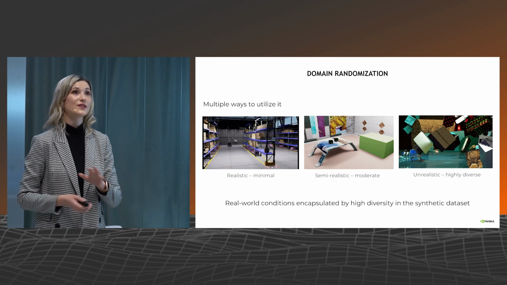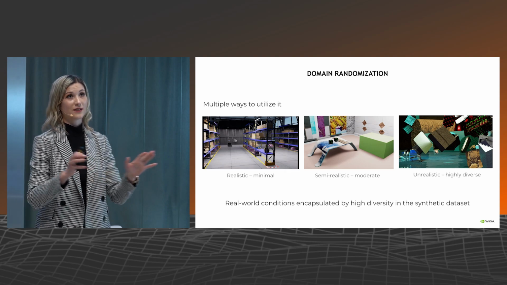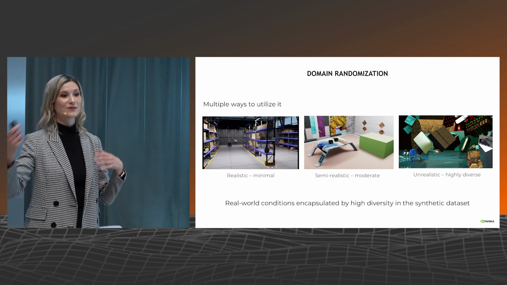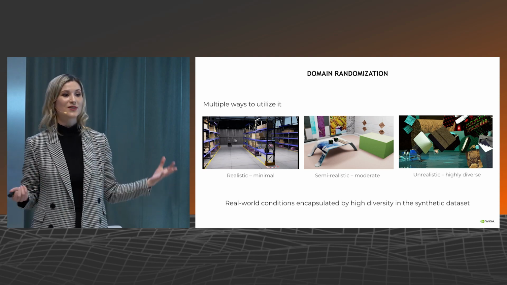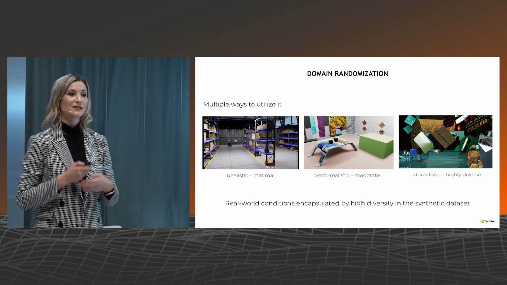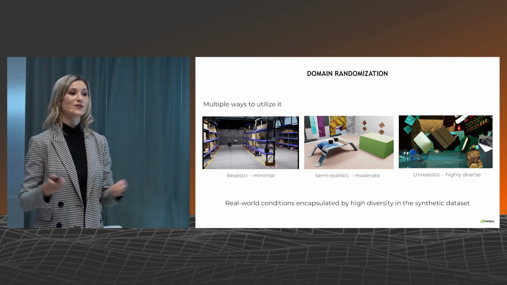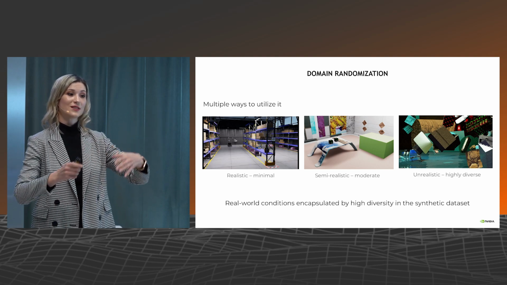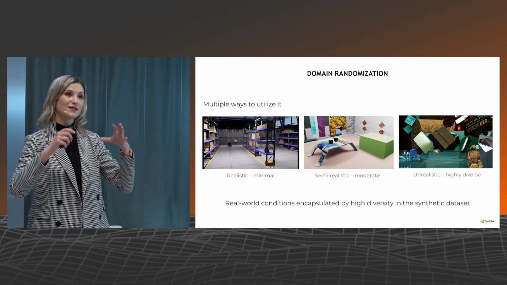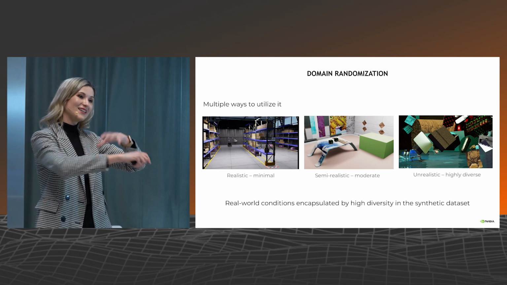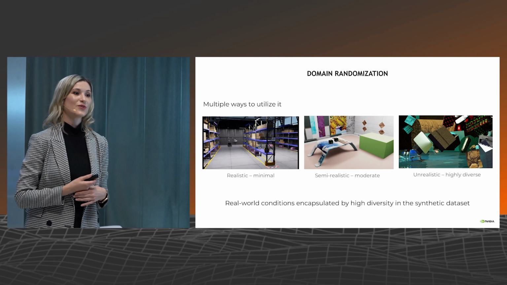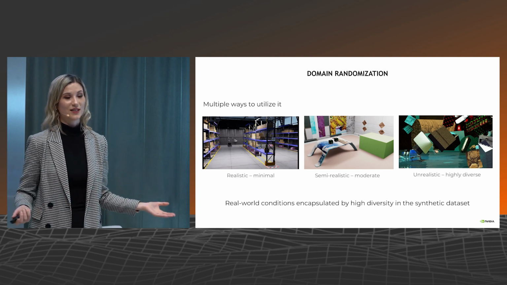And you can also have highly unrealistic and highly diverse scenes with varying objects overlapping and flying, having weird patterns of movement. The idea behind this is that we want to cover all the real-world conditions and encapsulate them in the diversity of synthetic data sets, so that the real world is included in this large solution space, which is not necessarily existent in your data.